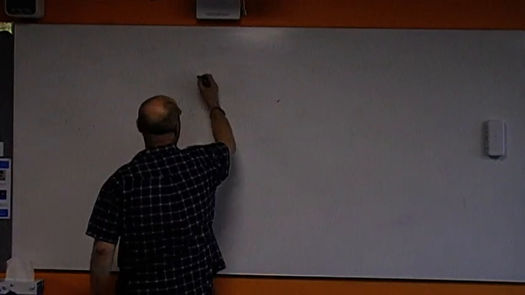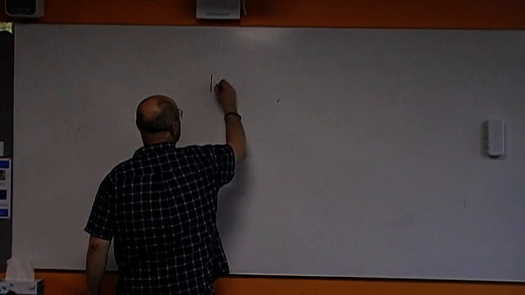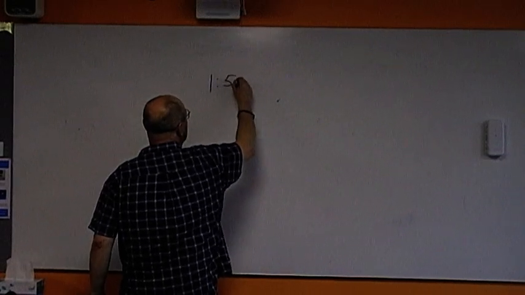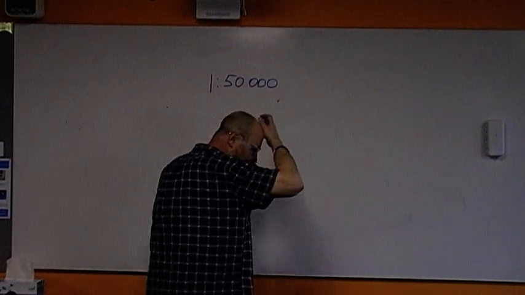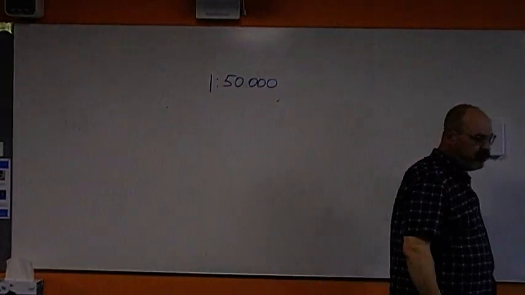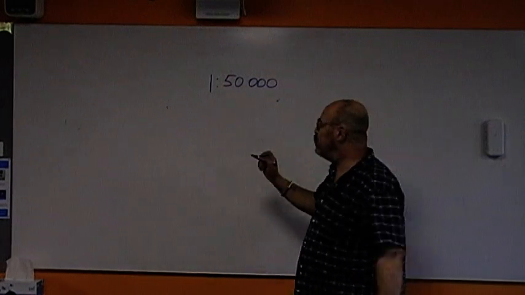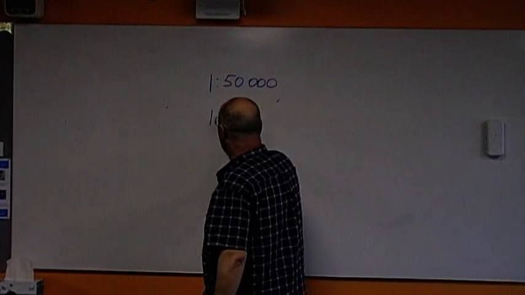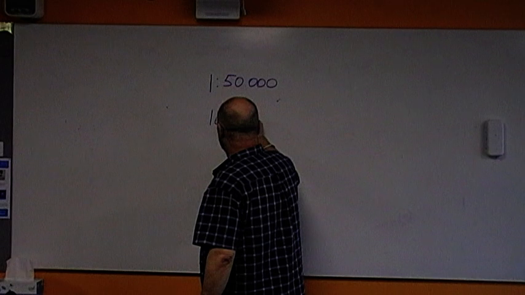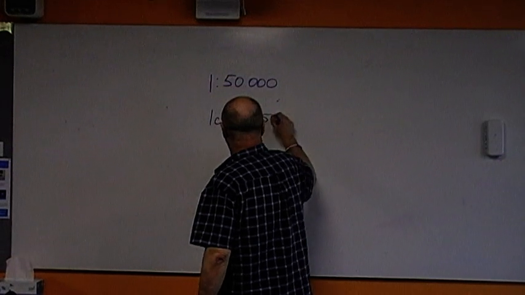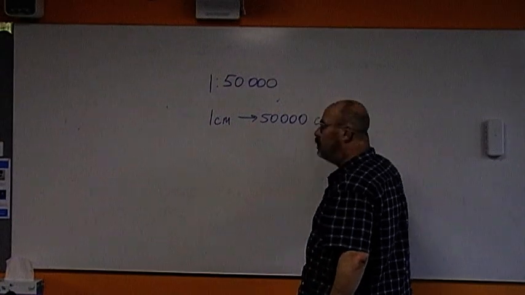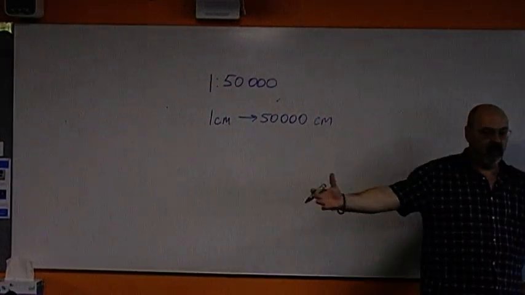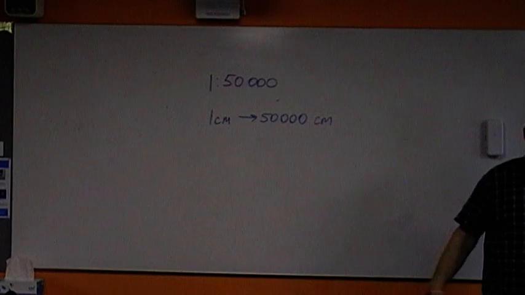For example, it might say 1 to 50,000. What does that mean? That means 1 centimeter on the map corresponds to 50,000 centimeters in reality.